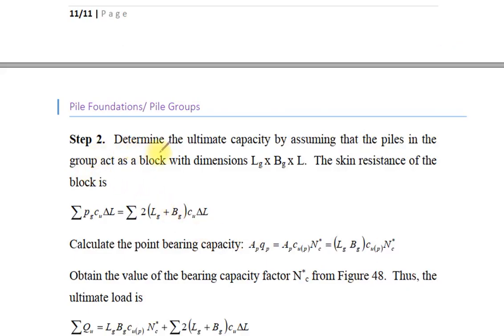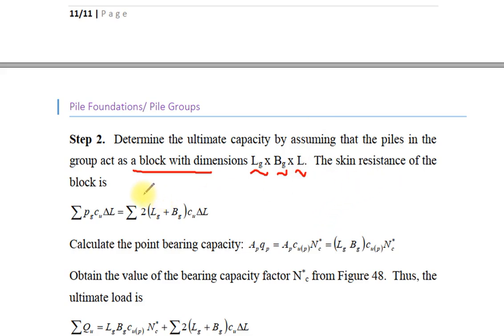Step 2, determine the ultimate capacity by assuming that the piles in a group act as a block with dimensions LG, the length of the group of piles, BG, the width of the group of piles, and L, the length of piles.